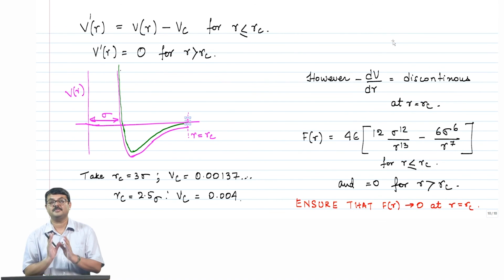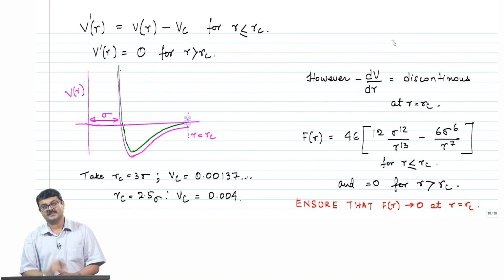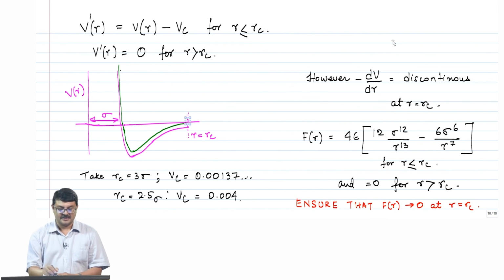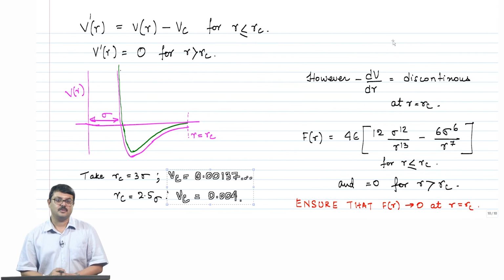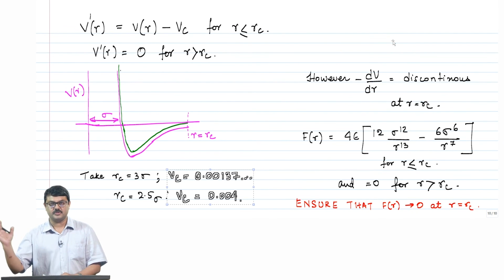There is nothing holy, you just set it, because your physics is not changing, because the shift in the potential is so low, and at even higher distances the value of the potential would be even lower, right. So, you would think that it is quite nice, and you can go ahead and do the simulations, and in fact, if you were doing Monte Carlo simulations, you could just work with this, where the potential smoothly goes to 0.